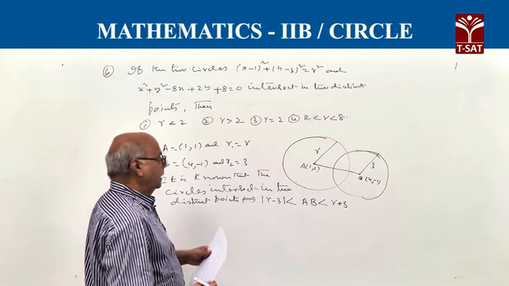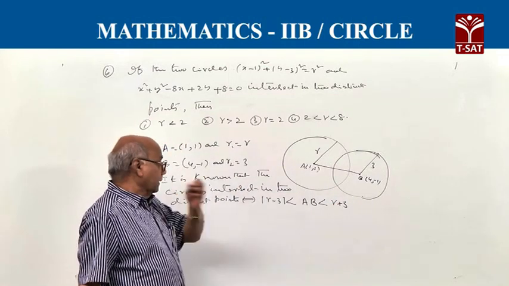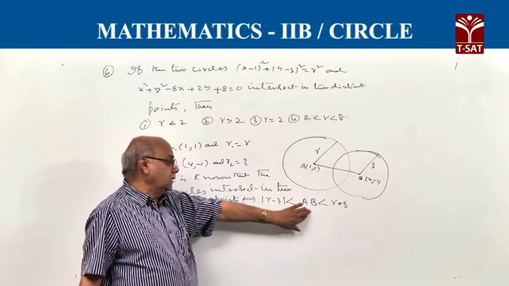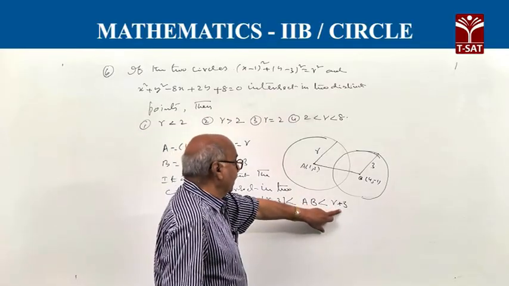The difference of the radii is less than the distance between the centers and it is less than r plus 3.